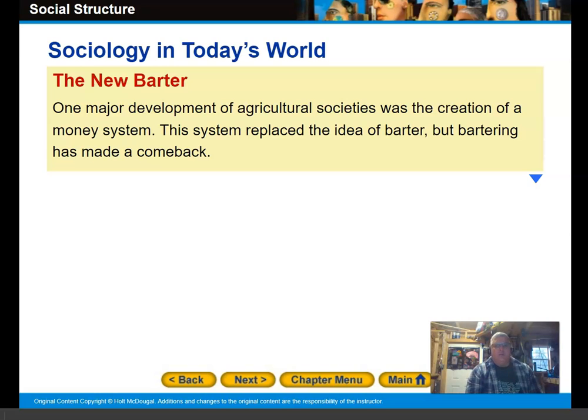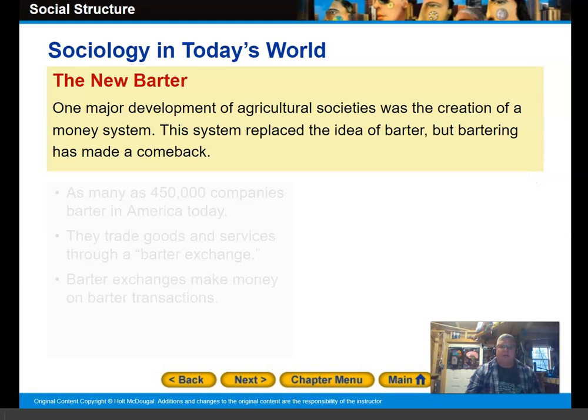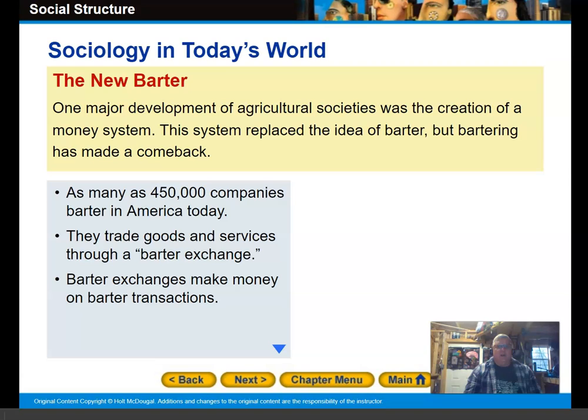So, the new barter. One major development of agricultural societies was the creation of a money system. The system replaced the idea of barter, but bartering has made a comeback. As many as 450,000 companies barter in America today. They trade goods and services through a barter exchange.